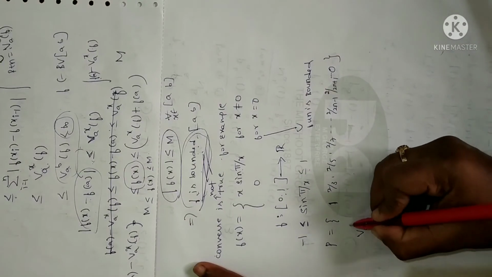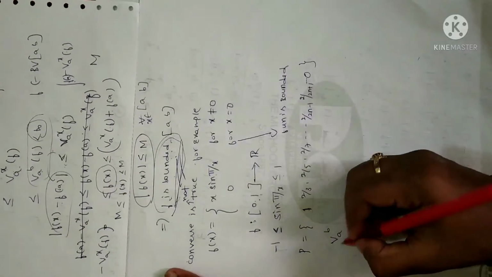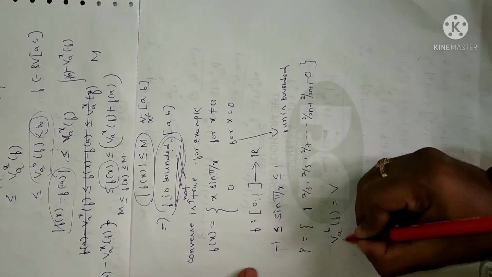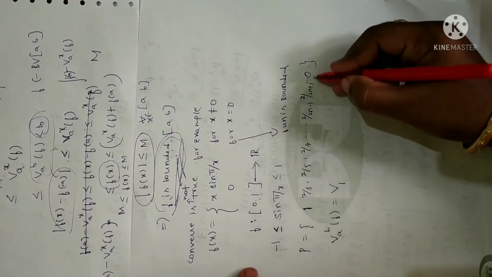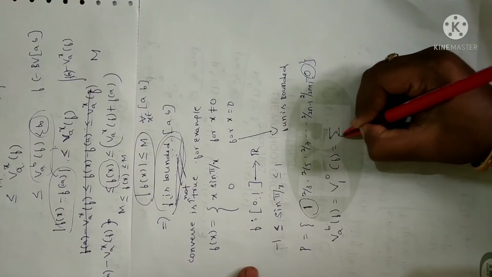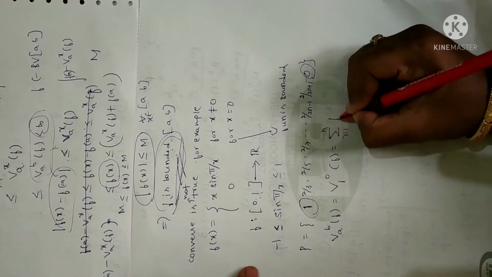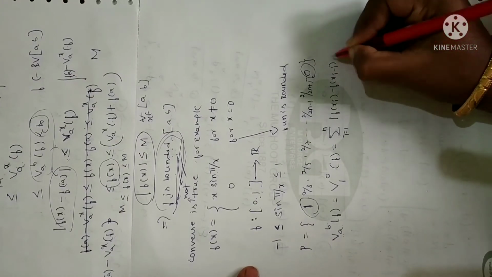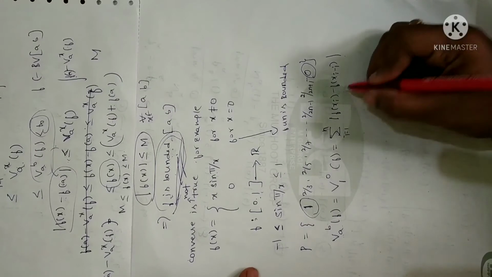Now let me consider the total variation of f from a to b. So here a value is 1 and b value is 0. Why? Because I have divided the interval 1 to 0. Fine. So as per the definition, I can write summation i equal to 1 to n of the magnitude of f of xi minus f of xi minus 1, as per the definition of total variation of a function.